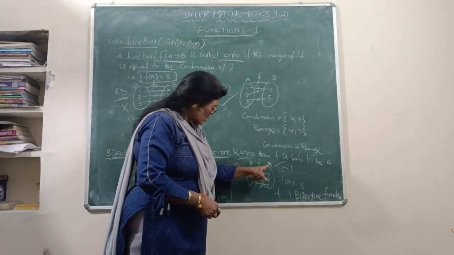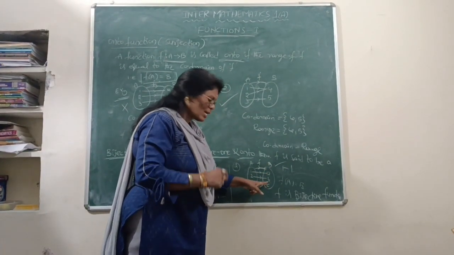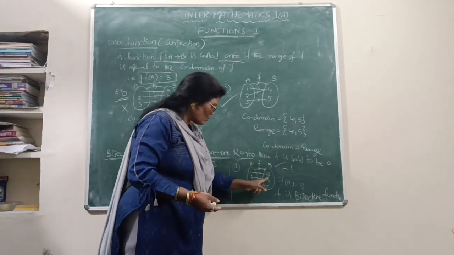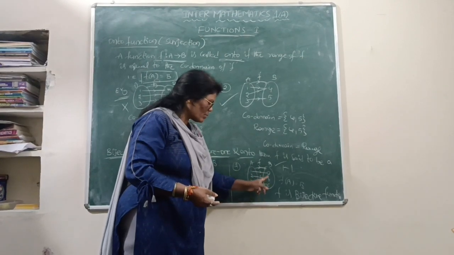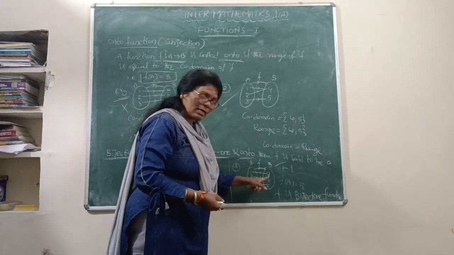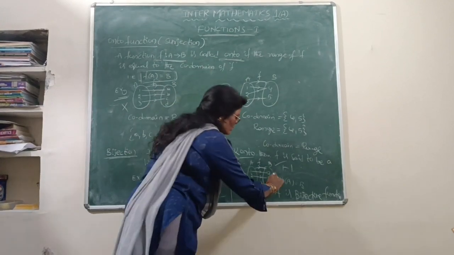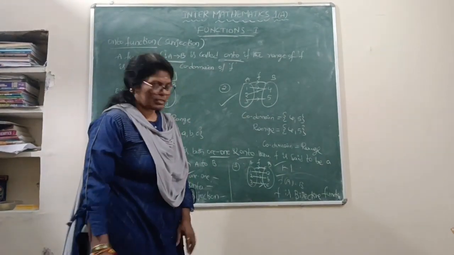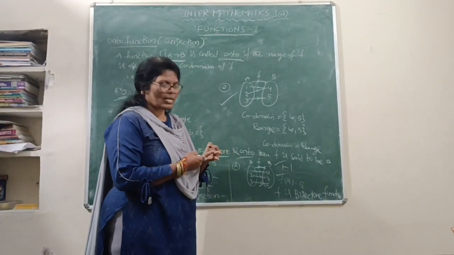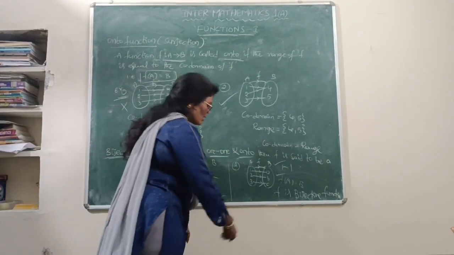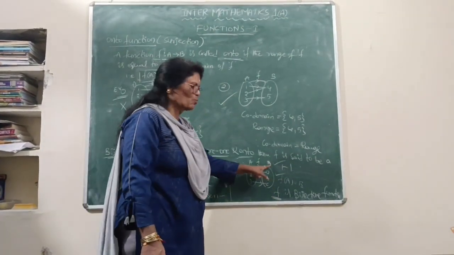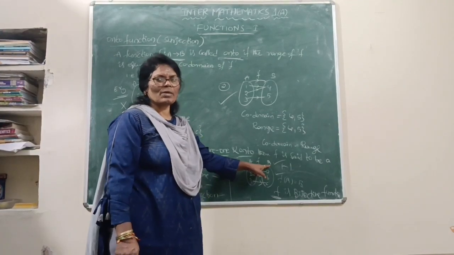The codomain is A, B, C and the range is also A, B, C, because every element's image is in A, B, C. So the codomain and range are equal. The one-to-one and onto conditions both exist. That means the function f is a bijective function from A to B.